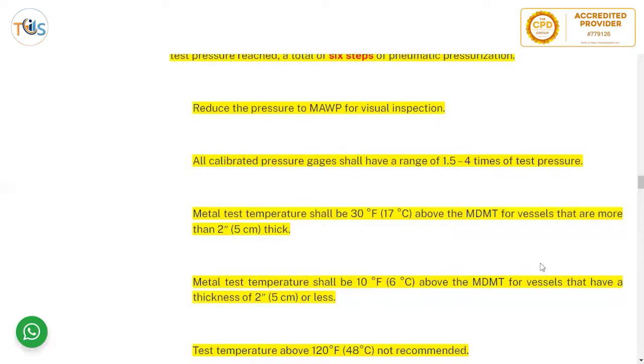If your test pressure is 100, you can use gauges from 0 to 150 at least, or 0 to 200, since twice the test pressure is normally preferred, but 150 is the minimum range. You can use another gauge 0 to 300, 0 to 350, 0 to 400, but if it is 0 to 450 or 0 to 500, that's not acceptable. It should be between 1.5 times minimum and 4 times maximum. Obviously 2 times is preferred.